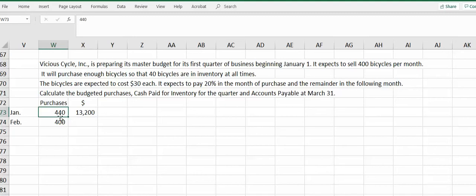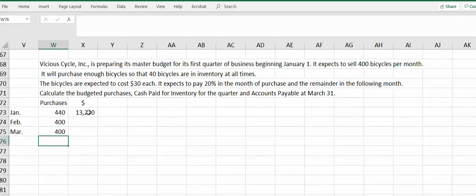That means we'll then have 440 once we purchase another 400. You sell 400 and you'll have another 40 at the end of February, and on and on. In other words, you only have to buy the desired beginning inventory once. You don't have to keep buying an additional 40 bikes. Otherwise, your inventory will grow by 40 each time.